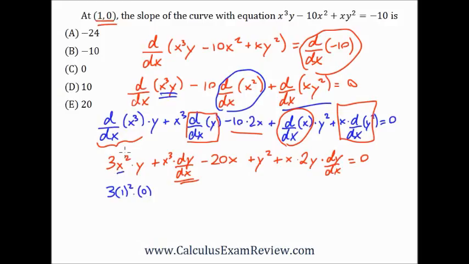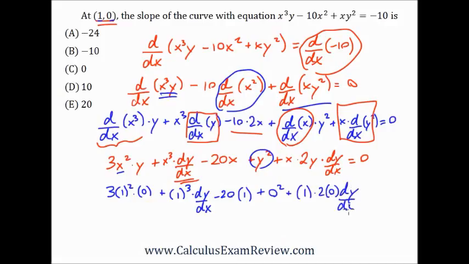So plug in 1 for x, 0 for y, plus 1 cubed times dy dx, minus 20 times 1, plus y squared. Y squared is again just going to be 0 squared, plus 1 times 2 times 0 times dy dx.